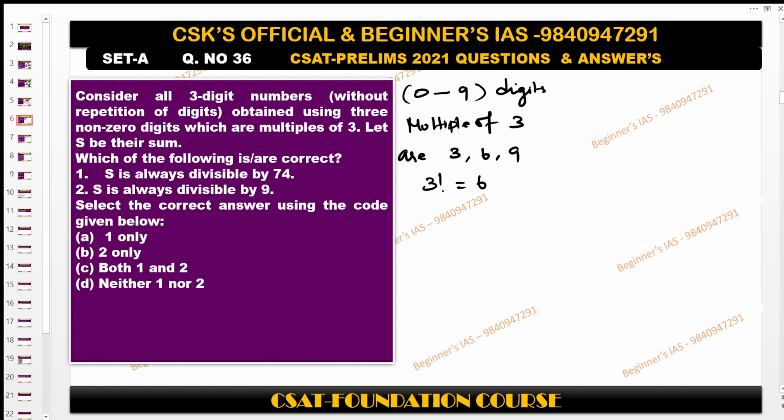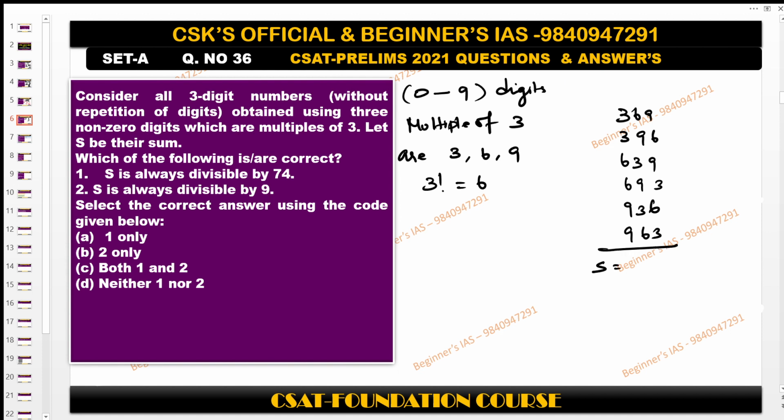Let us see the 3-digit numbers: 3, 6, 9. With the 3 you can form 2: 3, 6, 9 and 3, 9, 6. With the 6 you can form 2: 6, 3, 9 and 6, 9, 3. Then with the 9 you can form 9, 3, 6 and 9, 6, 3.